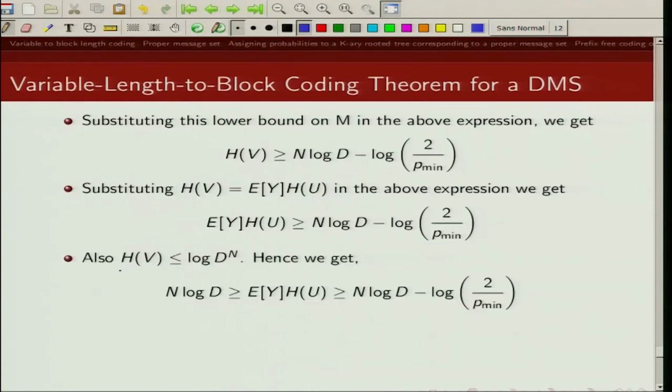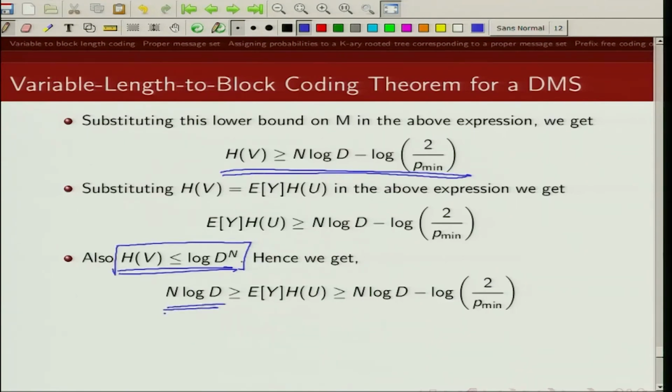I also know that the uncertainty in V is less than the number of possibilities of V, which at most can be d raised to power n. So the uncertainty in V is upper bounded by log of d to the n. So here I get a lower bound, and from here I get an upper bound. So I put this upper bound here, and this lower bound I am putting here.